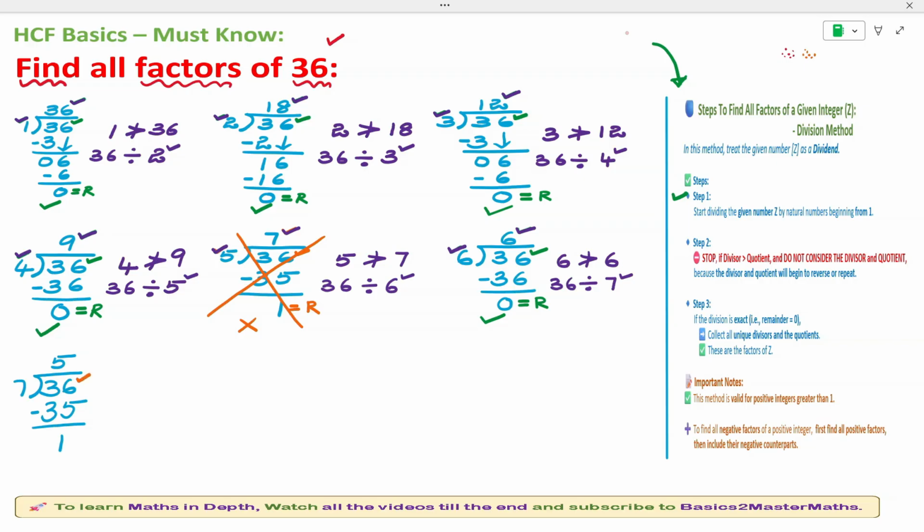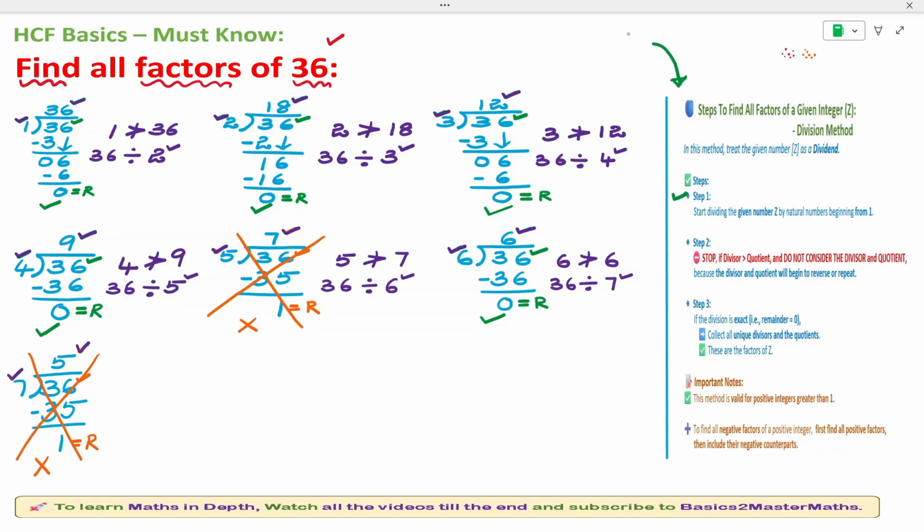When we divide 36 by 7, we get 5 as the quotient and 1 as the remainder. So, this division is not exact. Therefore, please do not consider this step.